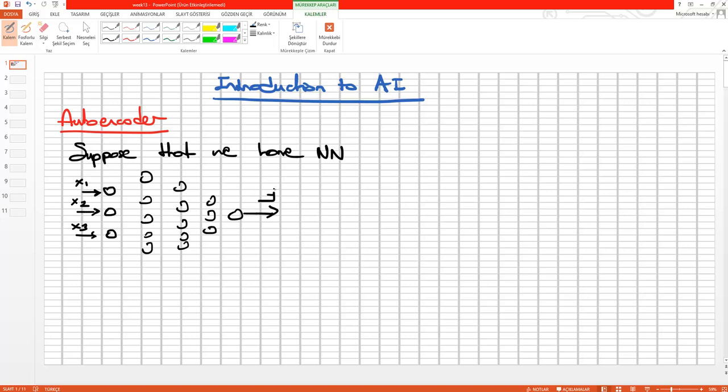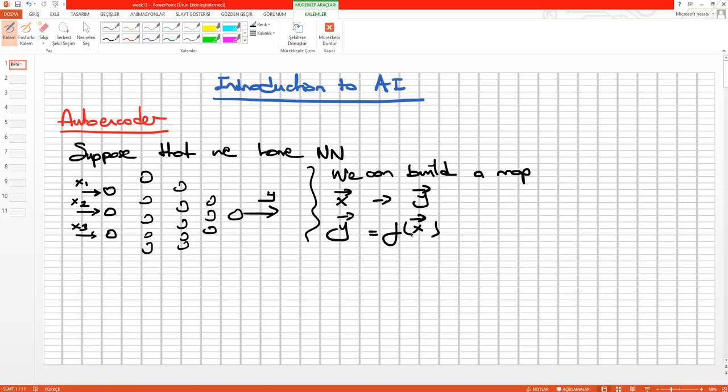That's the output of this neural network. So we can say that we can build a map between the x vector and the y vector. This simply represents the function y equals f(x) vector.